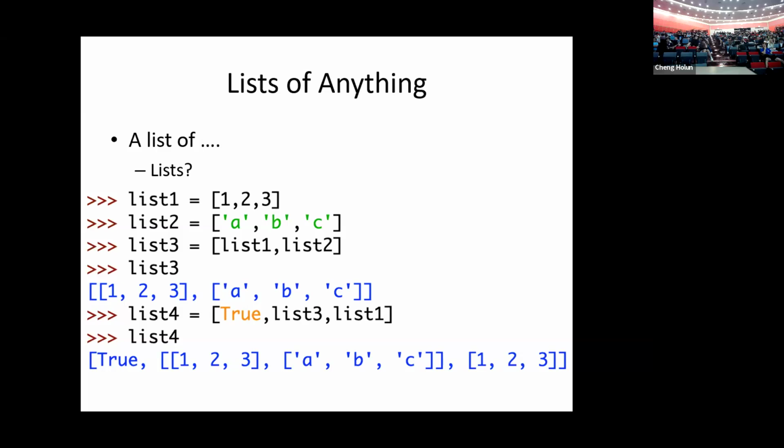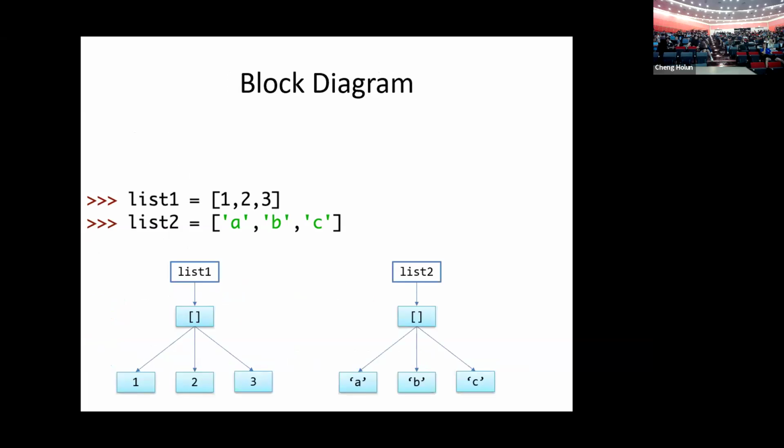But before that, let's talk about why list is so complicated. For a list, first, I want you to learn to write it in a block diagram like that. This is to help you visualize the structure. What does that mean?